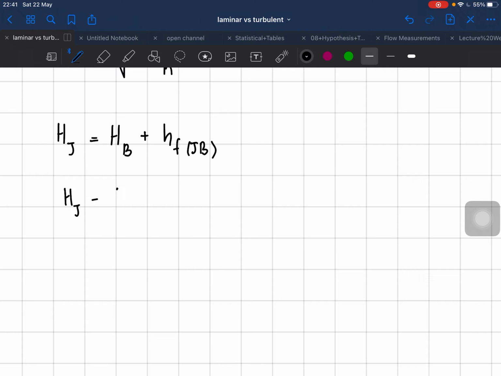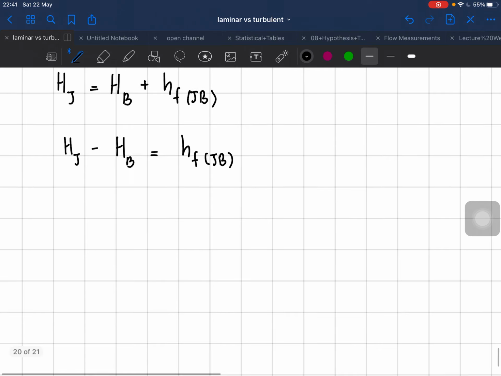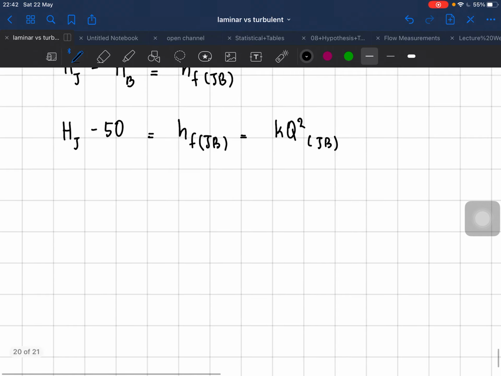Then we have Hj minus Hb equals HFJB. So this is 500, 550 equals HFJB equals KQ squared of JB.